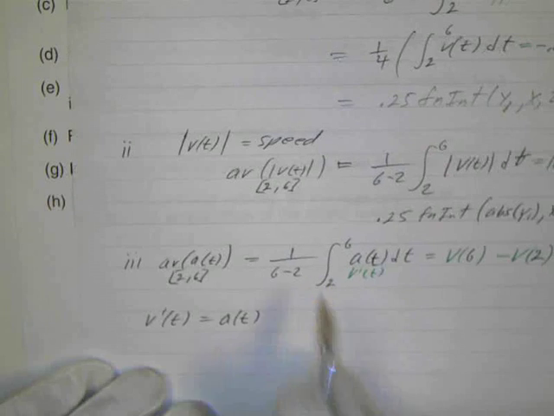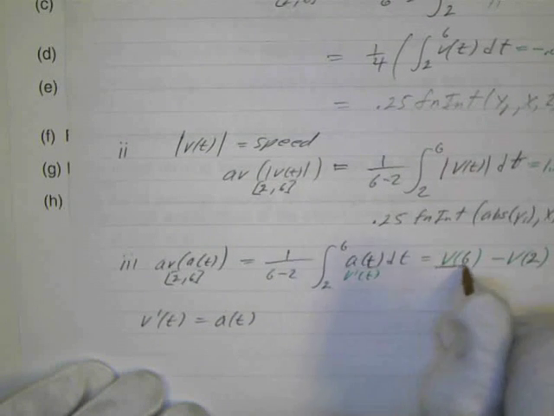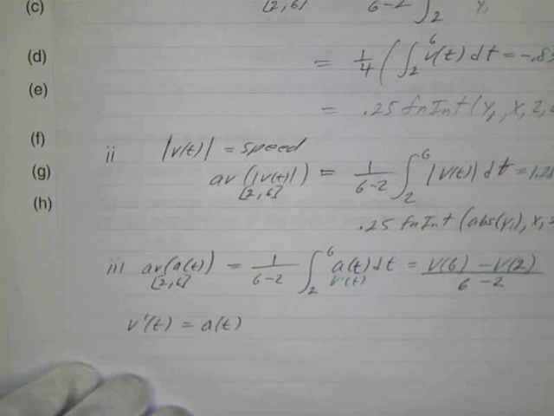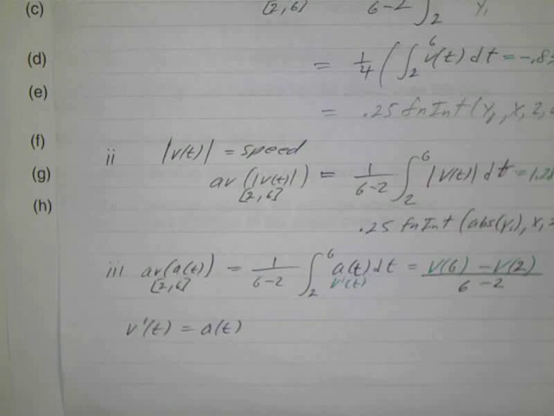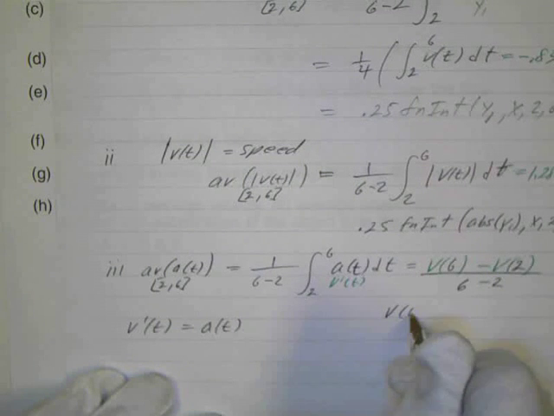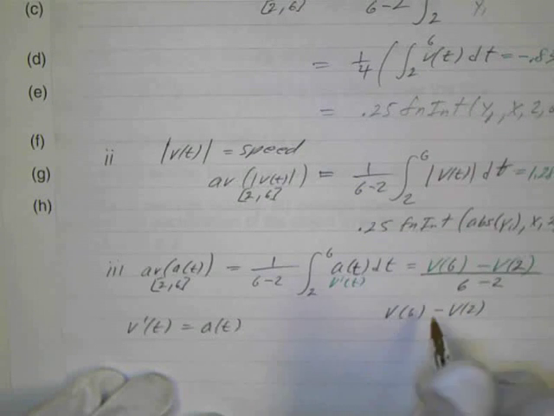Now I also had a 6 minus 2 outside, and I haven't evaluated this, so I'll just take this as 6 minus 2. And now I can find the value I'm looking for. So that's just going to be v of 6 minus v of 2, all divided by 4.